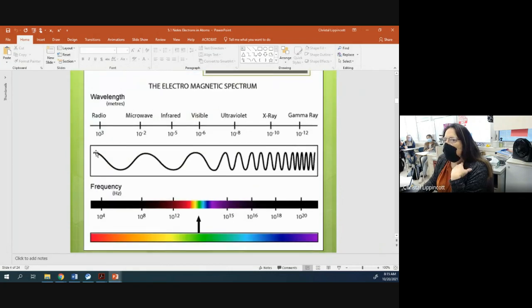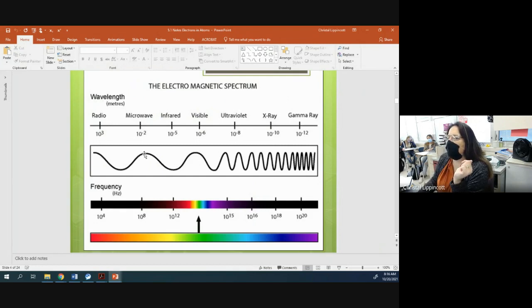So here, if our wavelength is longer, does that make sense? Long wavelength equals low frequency. Yep, that makes sense.